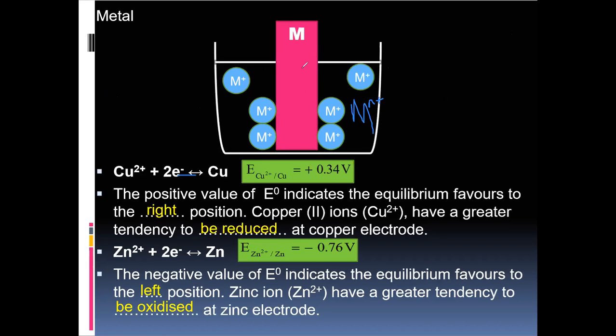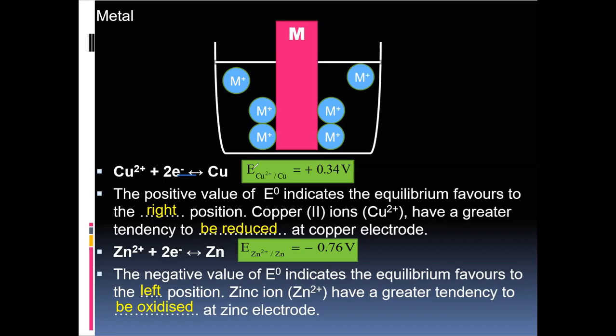And then this is the metal, which is your M. Now, if your metal was copper, then we are going to have Cu2+ + 2e- to give us our copper, because of course I told you M^n+ + ne- gives M solid, and that's what has been used in this case.